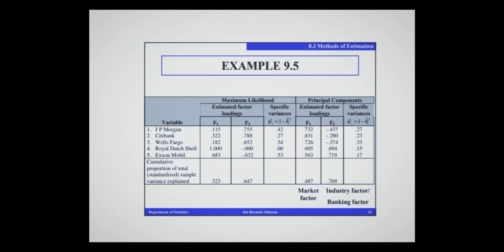Okay, so how to do that? So you need to see the simplest one. You need to see how many eigenvalues have a value more than 1. So kalau ada 3 lambda yang ada value more than 1, so your M ataupun number of factors will be 3.